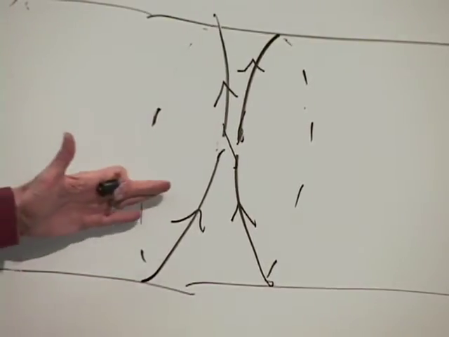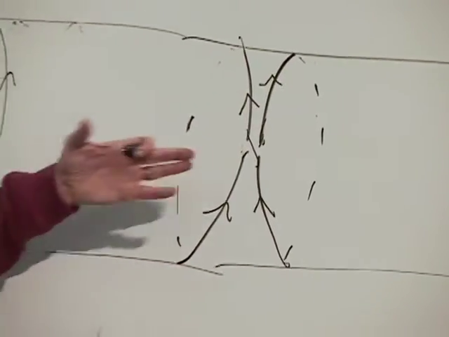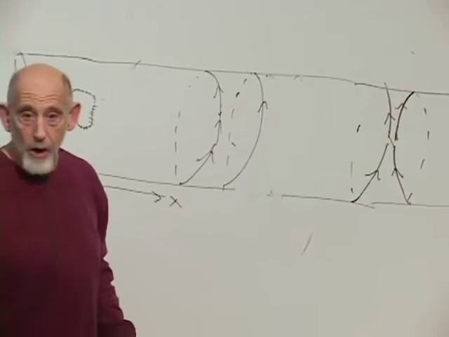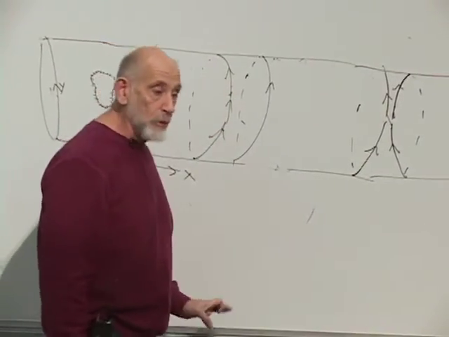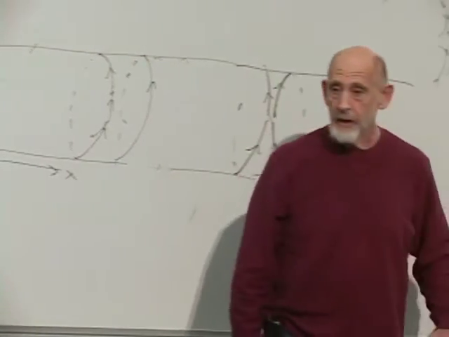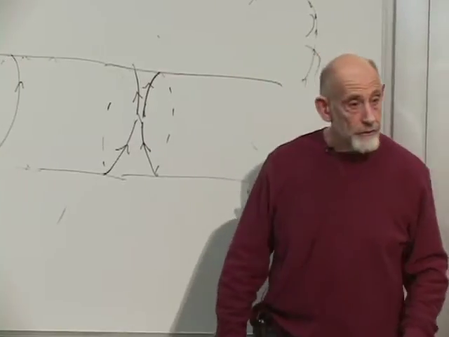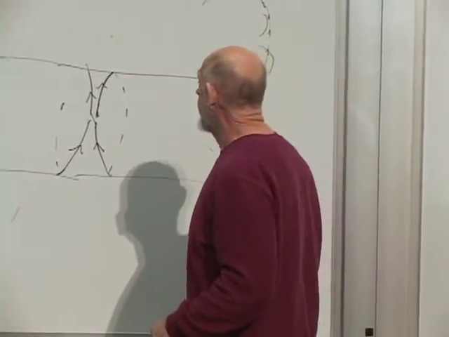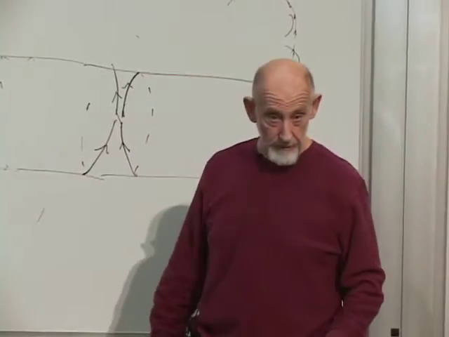This also has winding number 2. It's one string with winding number 2. This is two strings, each one with winding number 1, but the sum total of the winding numbers is 2. All right, so here's again another example. Winding number is conserved. You can't change the winding number, although you can change the number of connected components.